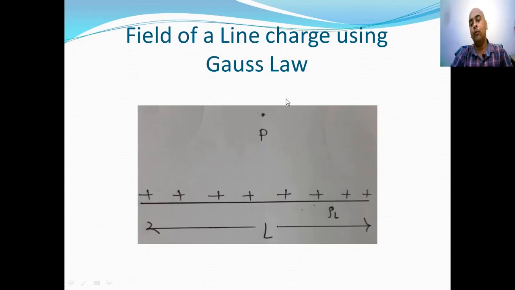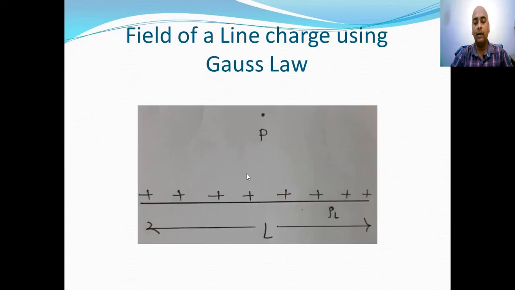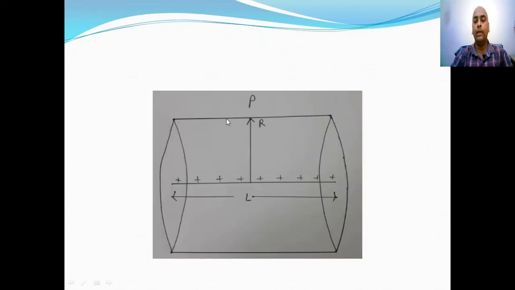So in order to find the field at point P, we need to draw a Gaussian surface. Let us suppose we are using a cylinder as the Gaussian surface, and let us suppose the radius of the cylinder is capital R, such that this cylinder encloses point P as shown in the figure.